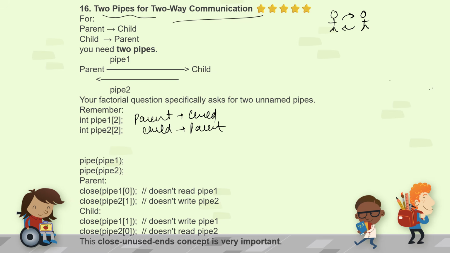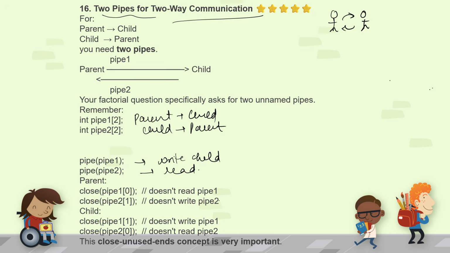Now, what is the parent's job? The parent wants to write to the child, and he wants his inputs. That means write to child and then read using pipe 2.